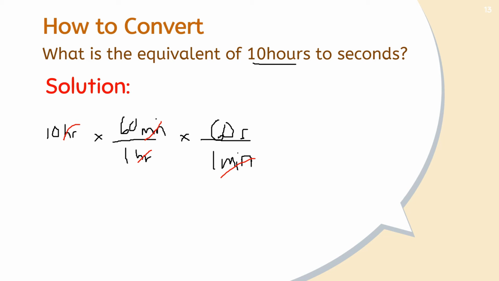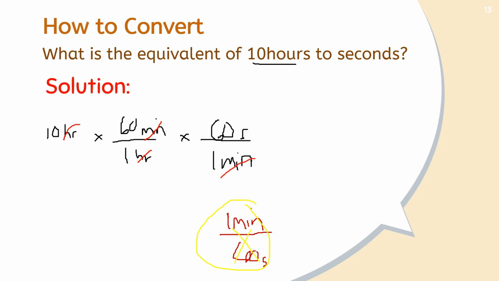Why can't we write minute here in the numerator? For example, if we write 1 minute is 60 seconds, this is wrong.